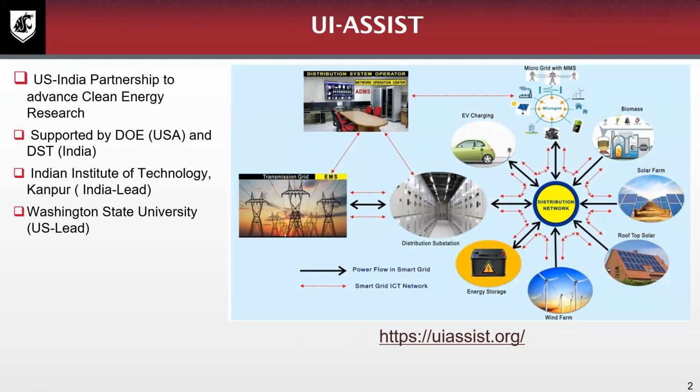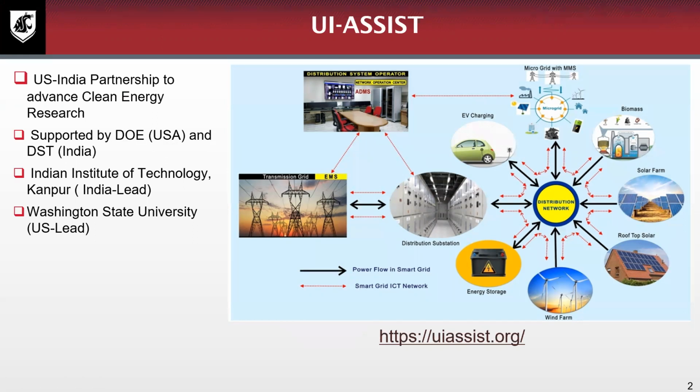Okay, so I didn't know much about the audience here. I think everyone is aware of UI ASSIST, a 5-year project between US and India, where Washington State University is the US lead and IIT Kanpur is the India lead.